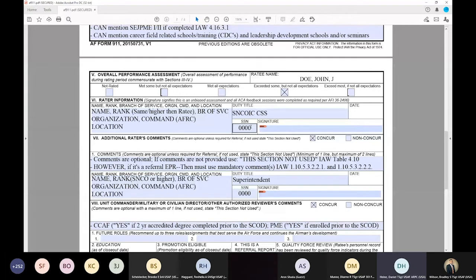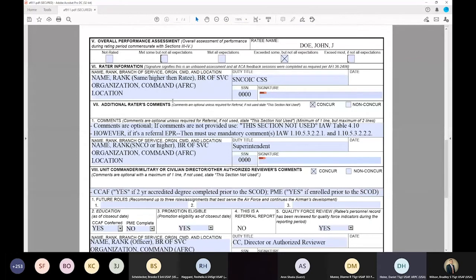But if it is a military member, then they must add the last 4 of the rater's social. The rater has to at least be the same rank or higher than the ratee. The member's rater cannot be a lower rank than the ratee. And they must sign and date the report.